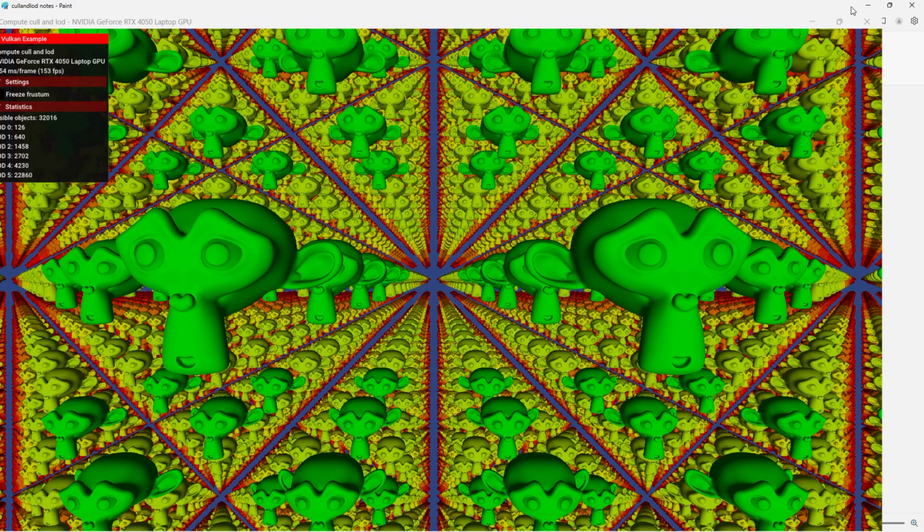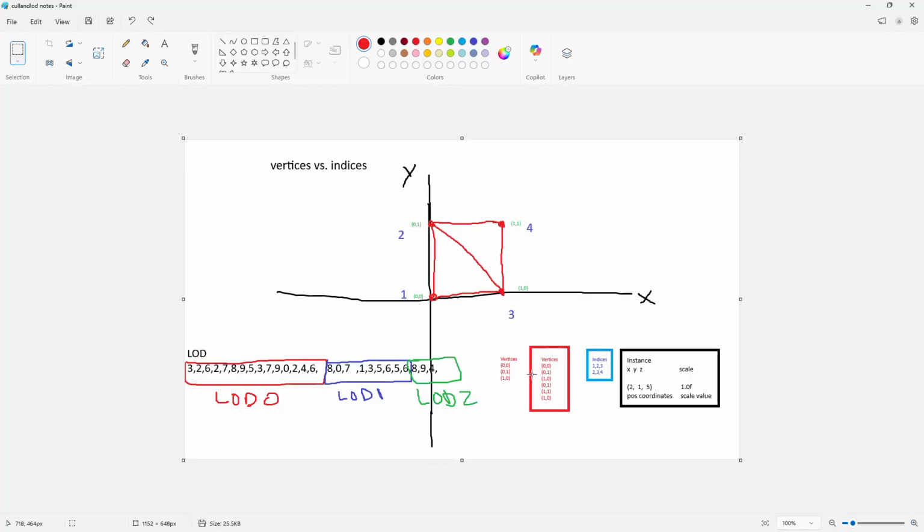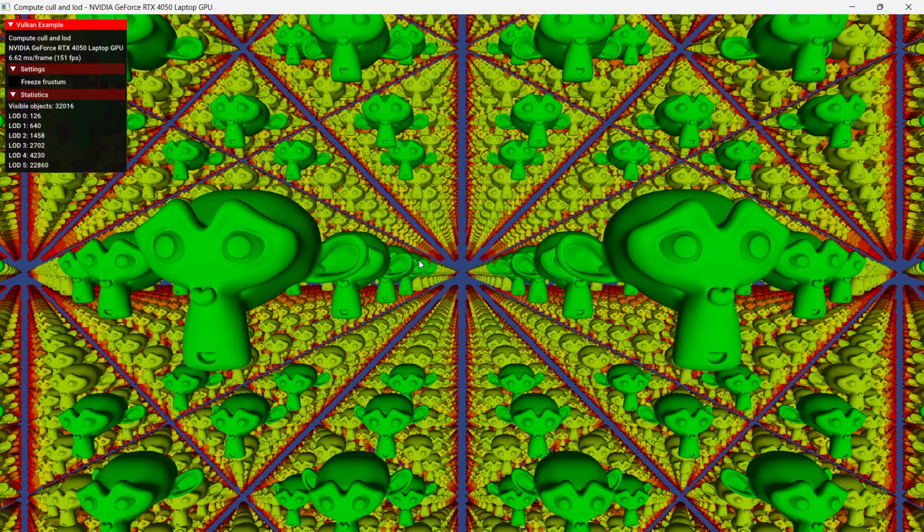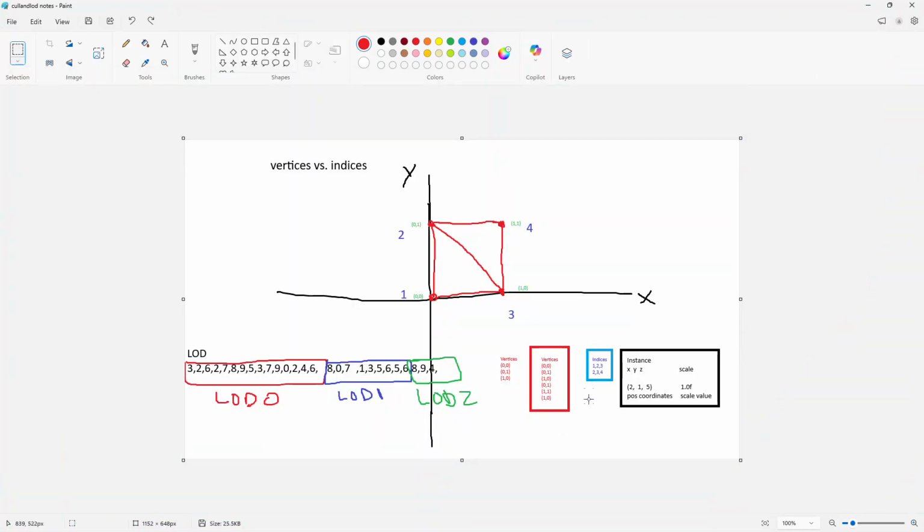Because remember, you have the raw vertex data for each object, and you have the instance data, so you know where the object is located, right? So yes, you would still be able to create this application and do it correctly, matching basically everything that's being done here. The only thing is that it would be less efficient from a data management perspective, because you wouldn't have the advantage of the indices, right?